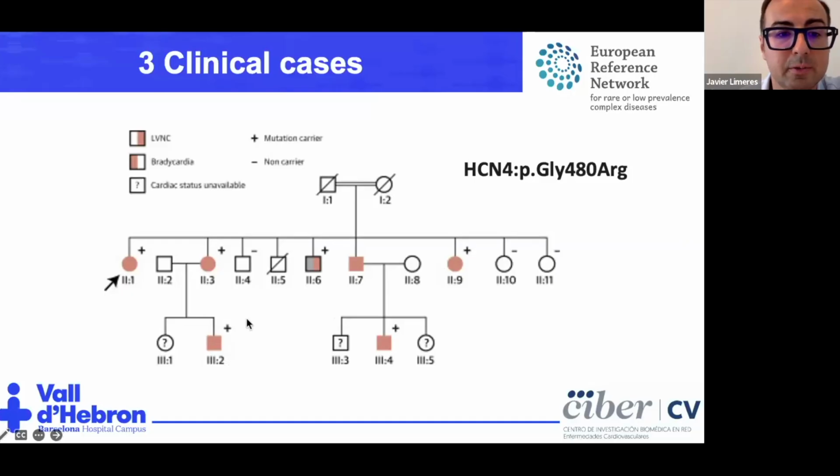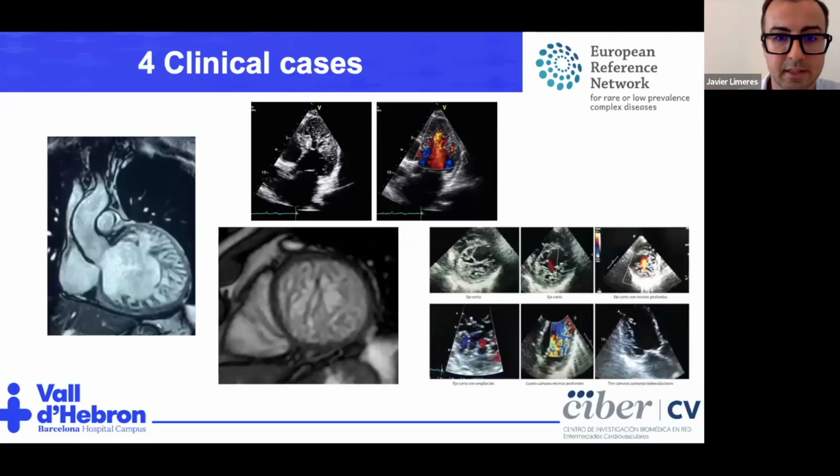And when we did a genetic test, we found a mutation in this gene. So it could segregate with the disease in the family. Now you can find symptoms, you can find alterations in the tests, and you can find alterations in the genetic test.